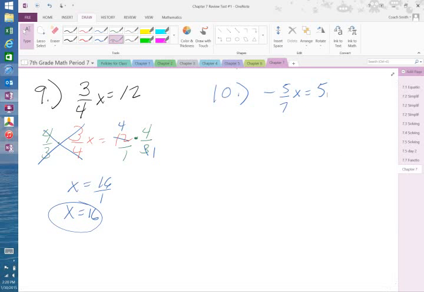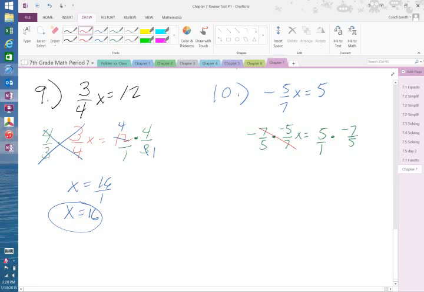All right, negative 5/7 x equal 5. Same thing here as we just did. You've got to multiply by negative 7/5 times negative 5/7, x equal 5 times negative 7/5. On the left side, the two 7s cross cancel, the two 5s cross cancel, leaving me with x.